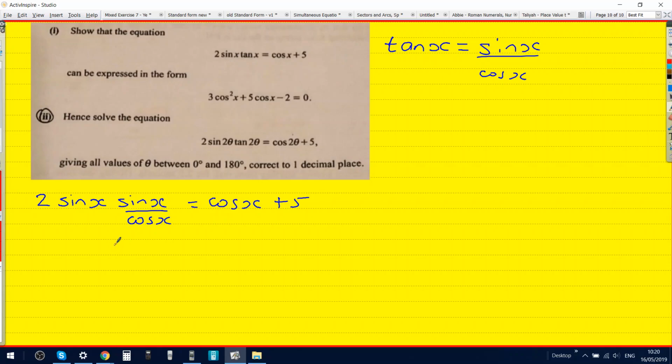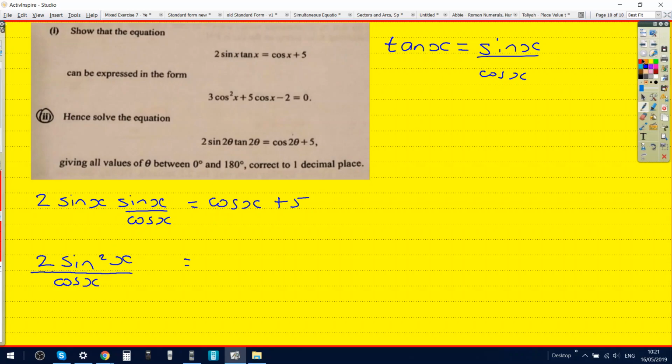What is sin x times sin x? Sin x squared, and we write that as sine squared x, which means the same thing. So it's that whole thing over cos x. You're just multiplying fractions basically, 2 sin x over 1 times sin x over cos x.